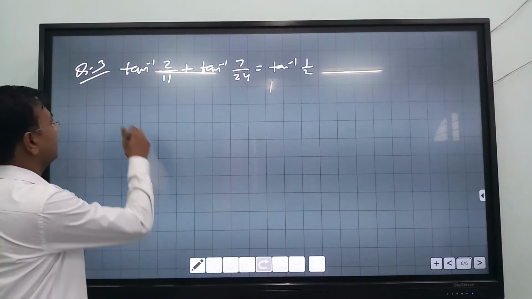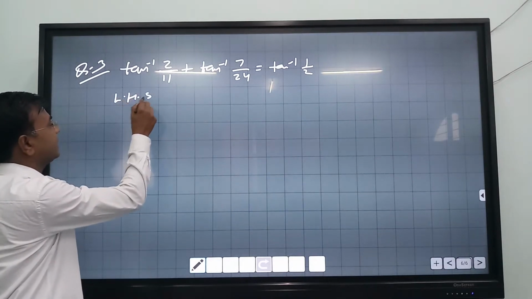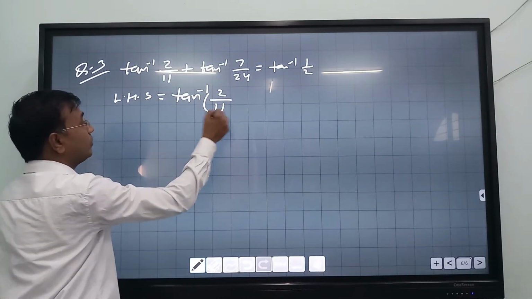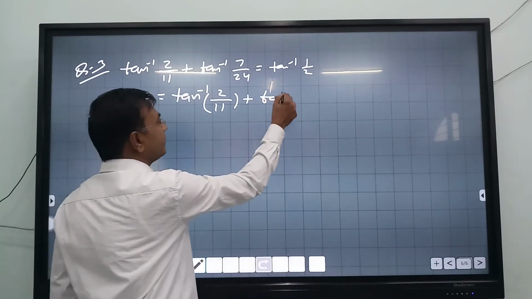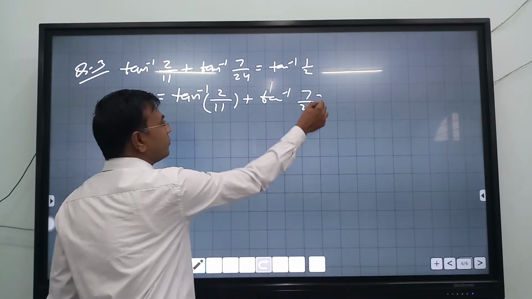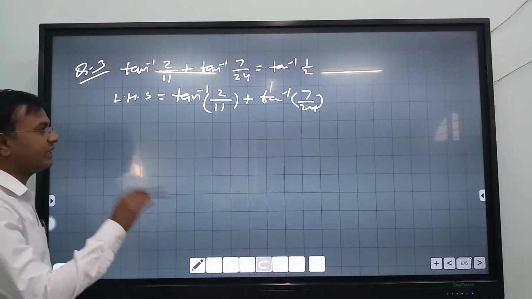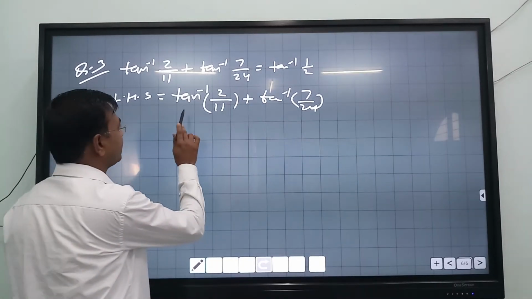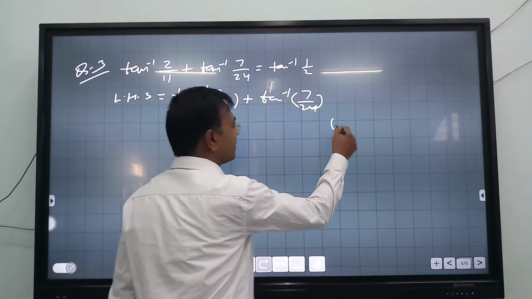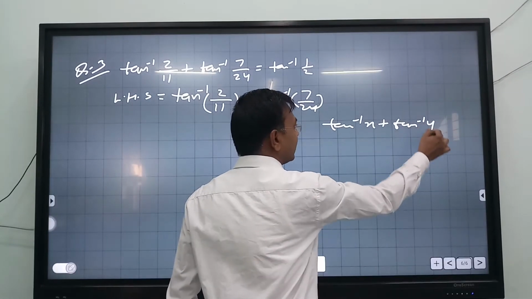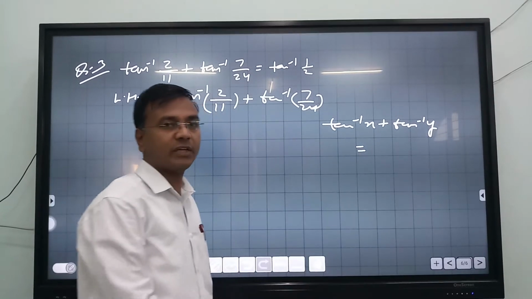So now let's take the left hand side: tan inverse 2 by 11 plus tan inverse 7 by 24. Since the result is in terms of tan, we definitely have to go with the identity of tan inverse x plus tan inverse y. In a previous lecture we have learned all identities.